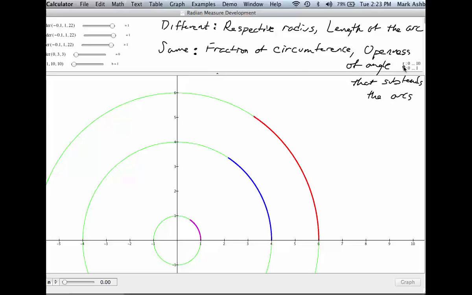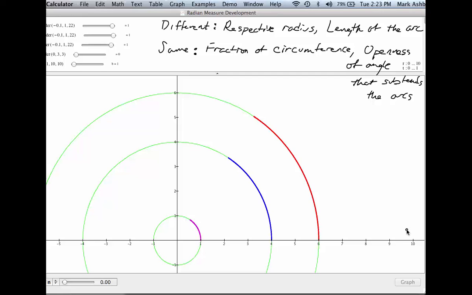Okay, so if the fraction of the circumference is the same, and the openness of the associated angle for each is the same, subtending the same amount, then is using the radius as arc length a valid way to form the basis of measuring an angle?